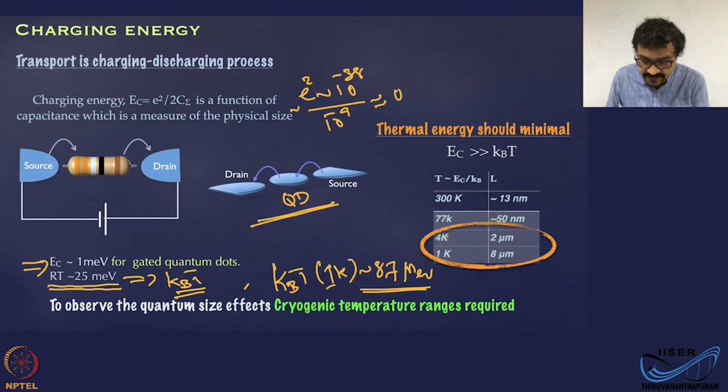So in a nutshell, to observe these quantum size effects in transport, one essentially needs cryogenic temperatures. That is because below 50 nanometers, even 50 nanometers itself is challenging, you cannot really attach leads to run currents or apply voltages to the devices.